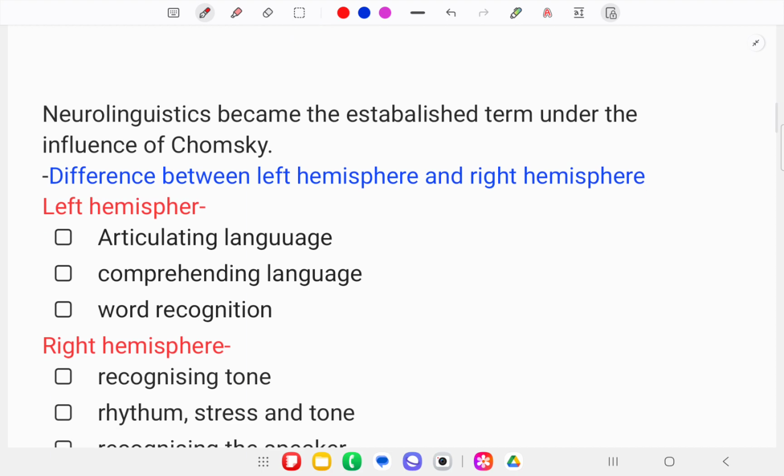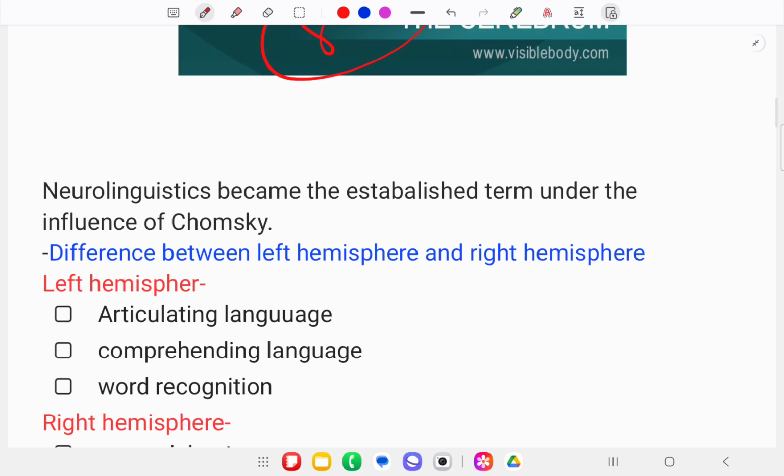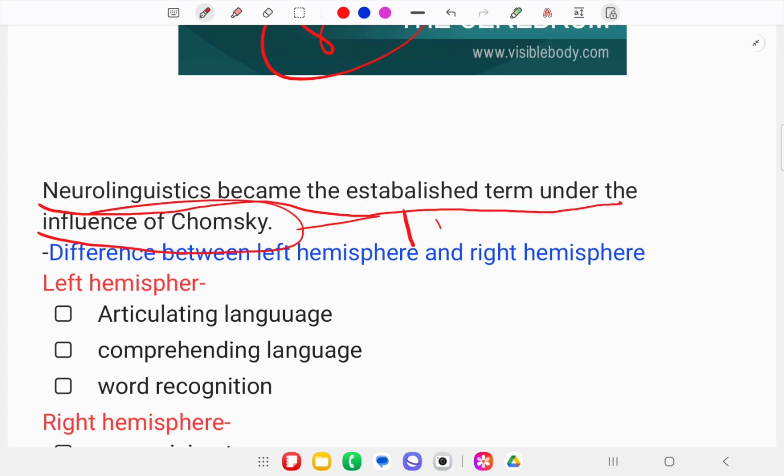Next, neurolinguistics became the established term under the influence of Noam Chomsky after the 1940s to 1950s. What are the differences between the left hemisphere and the right hemisphere?